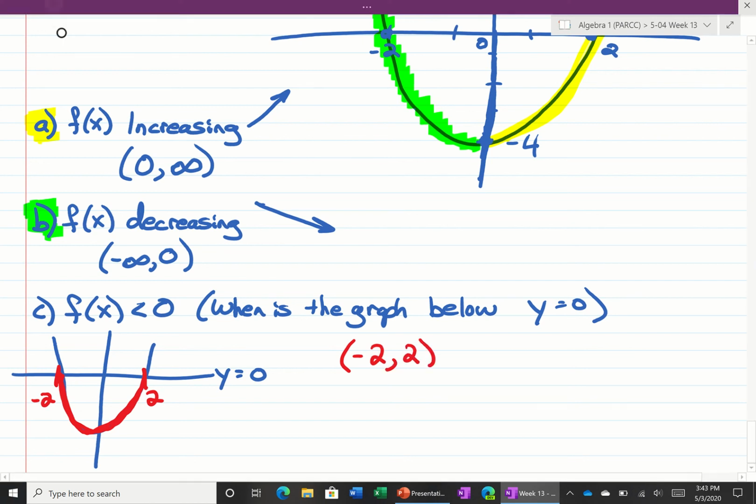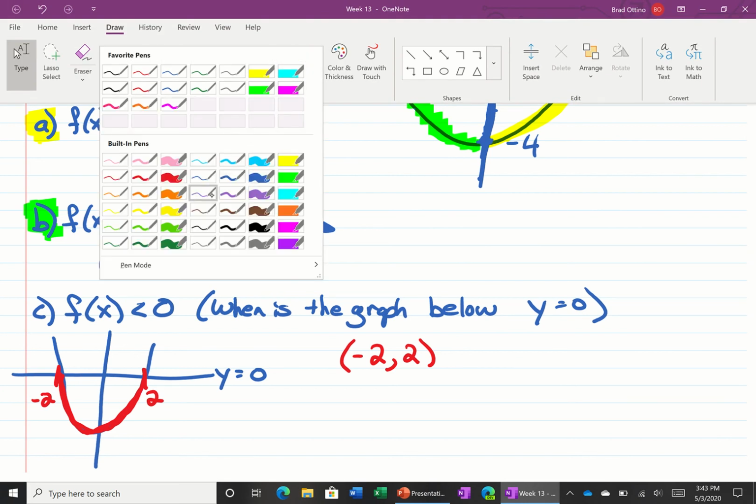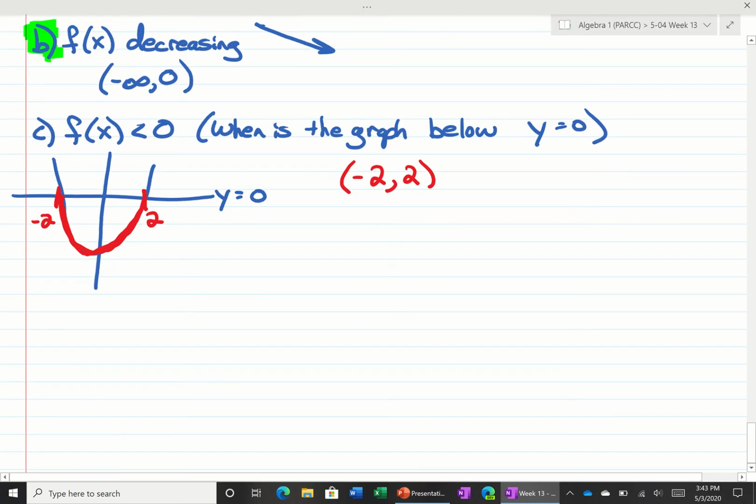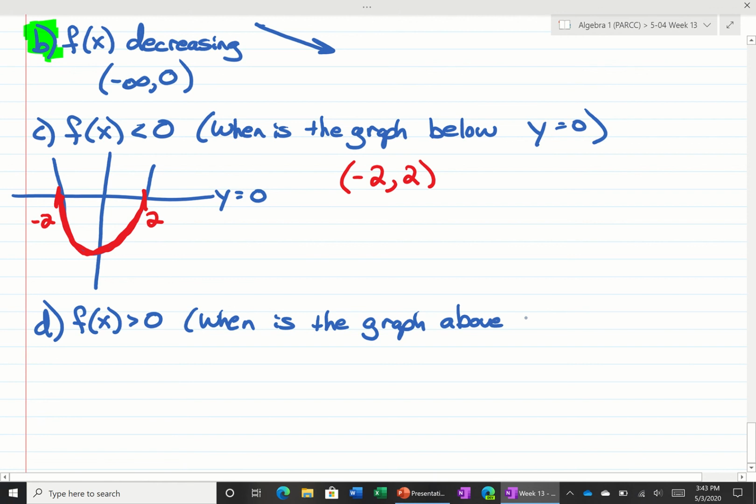And then one more problem to finish up today. It's asking us, when is f of x greater than 0? And that means, when is the graph above y equals 0?